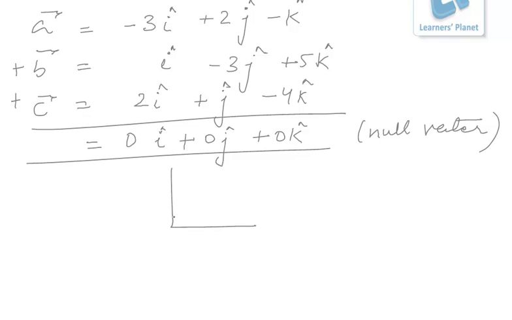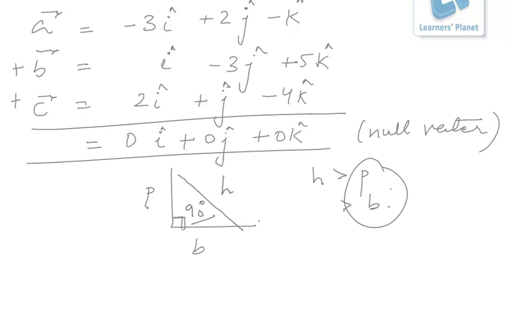Now we know that, let's say, this is perpendicular, this is base, and this is hypotenuse. So hypotenuse is always more than perpendicular, and more than base. So the two sides having lesser magnitude should contain the angle of 90 degrees, or they should be mutually perpendicular to each other.